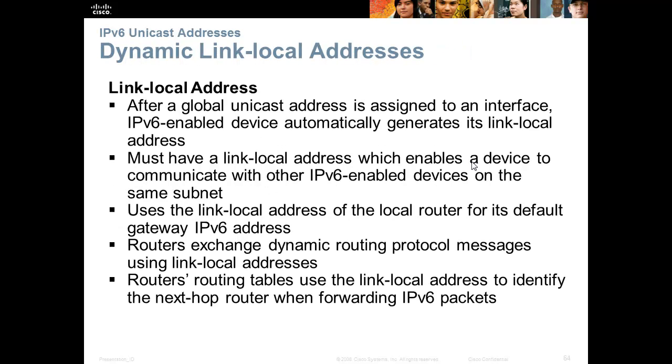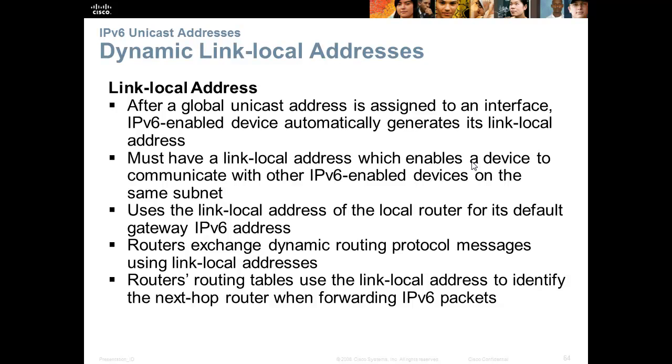I have mentioned the link local address a few times, but a link local address is an address that gets generated automatically through IPv6. When we take a look at an interface that's running IPv6, we'll typically see at least 2 addresses assigned to it. We'll see a link local address, and then we'll see that global unicast address that we just got done talking about.